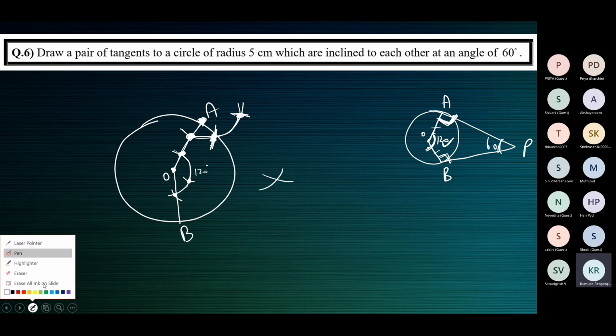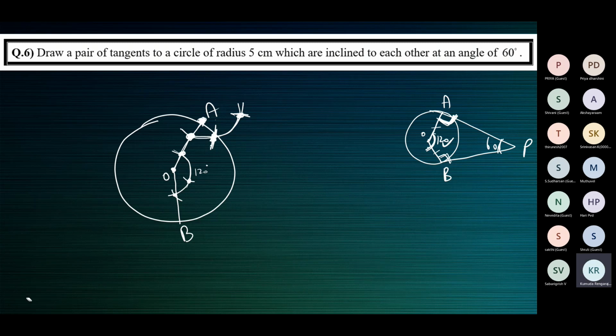Now I'll draw the line. So you will get a line like this. From here, this is 60, this is 120. If you bisect, you will get 90.